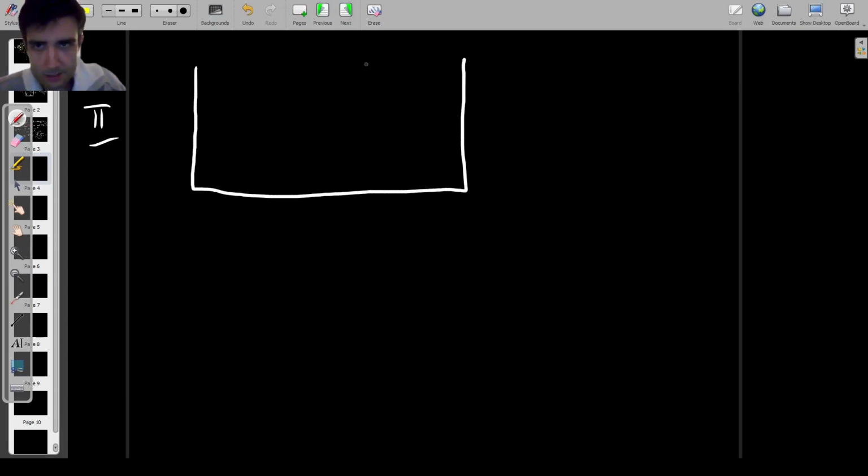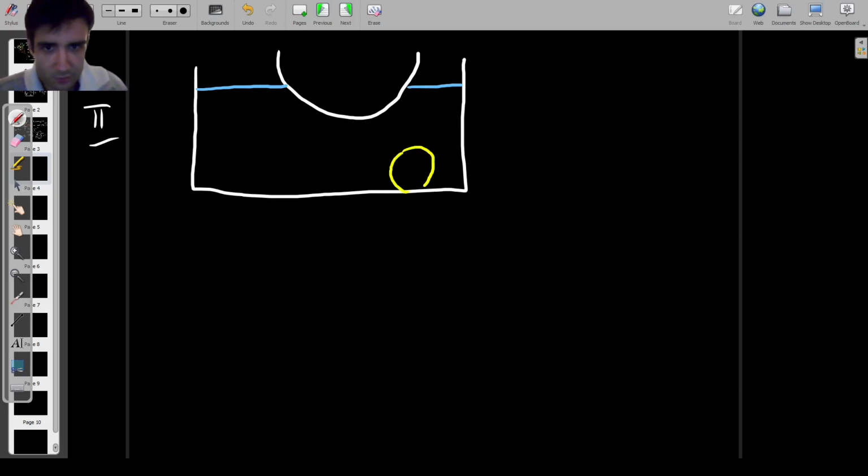And in the second case, the boat is still floating with a person, with an invisible person in it. And then the rock is now sitting on the bottom of the swimming pool. Okay. Right. So now we've got a different situation.